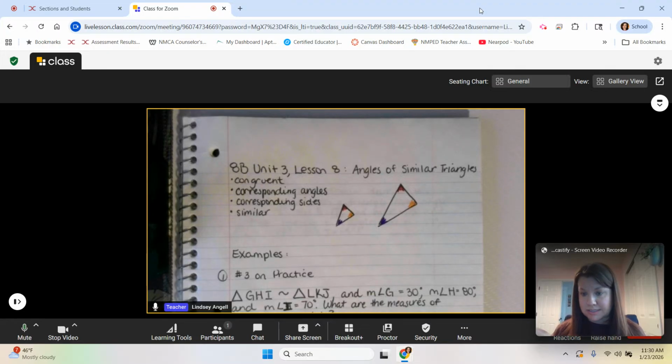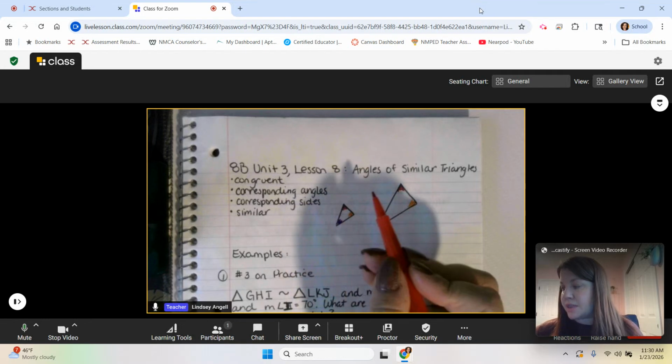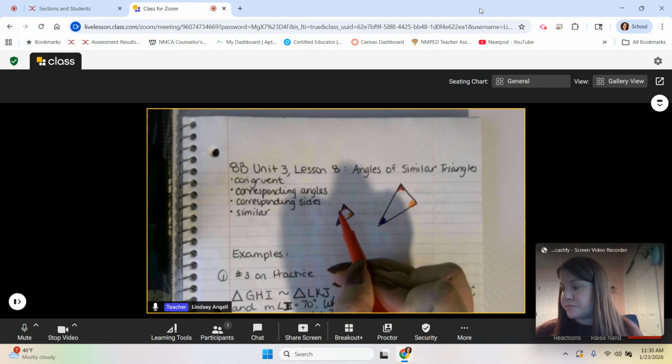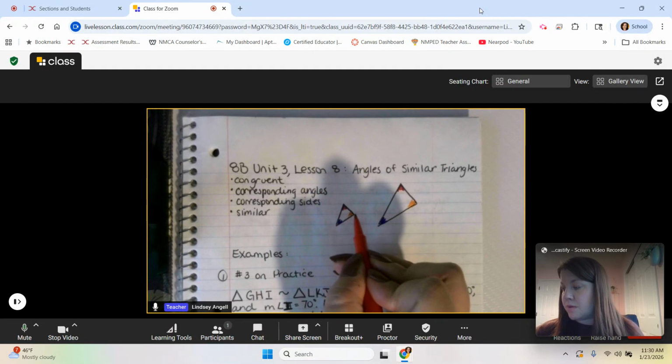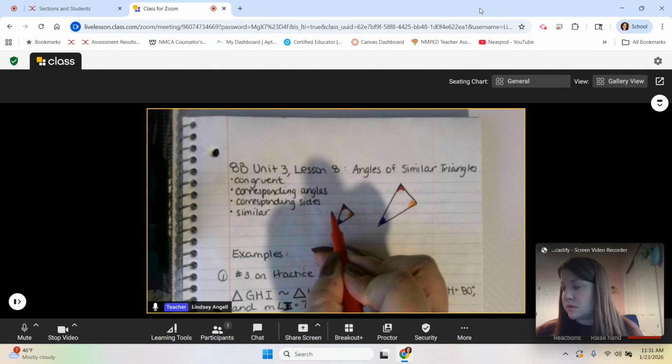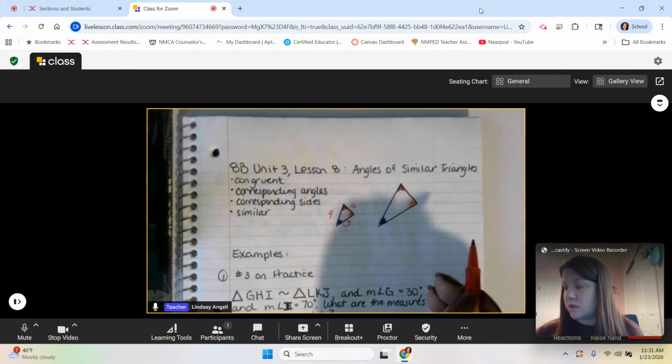Corresponding sides in similar triangles, but in any similar figure, they all have to change by the same amount. Okay, so what I mean by that is like, if this is a side length of, we'll say this is 4, 3, and 2.